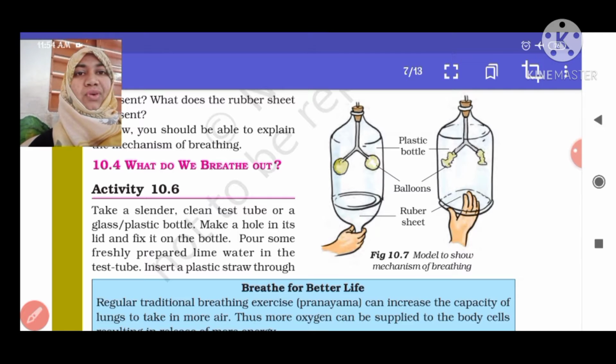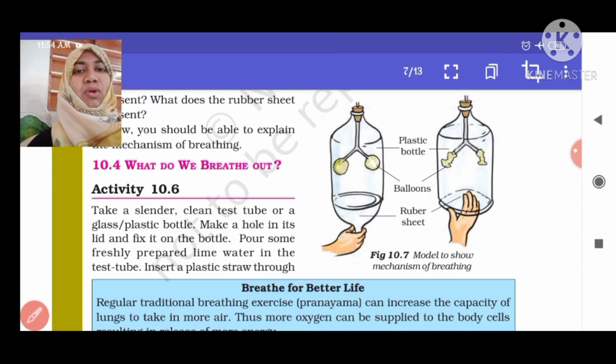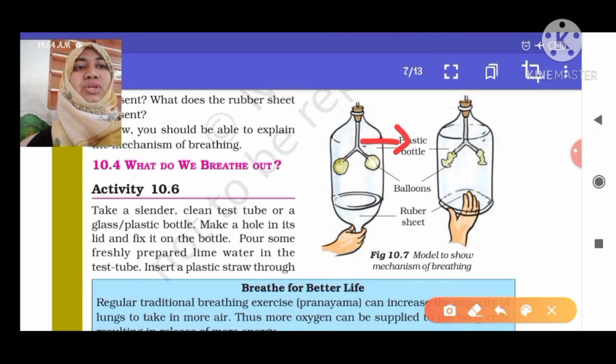To perform this experiment, we should detach the bottom of the bottle, so we cut the bottom of this bottle. Then take the cork and insert it at the mouth of the bottle, and make a small hole in that cork such that the straw can enter the cork.